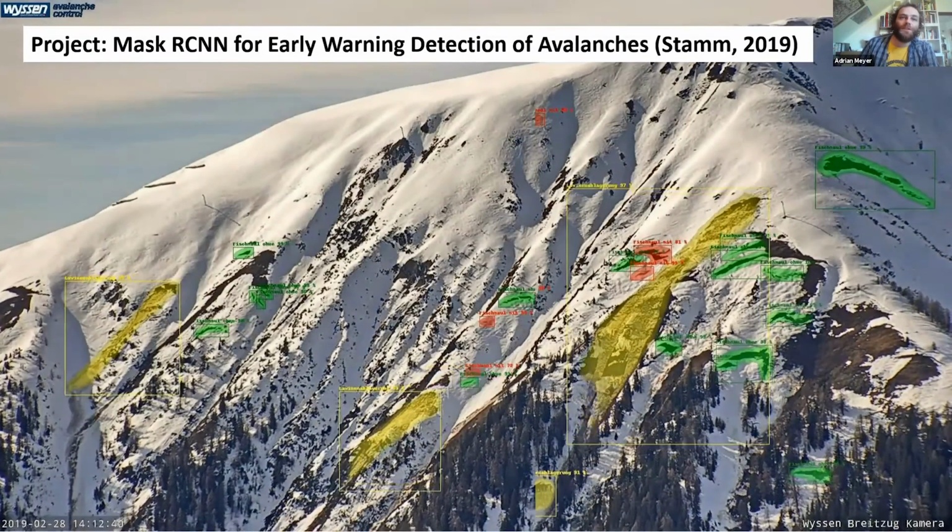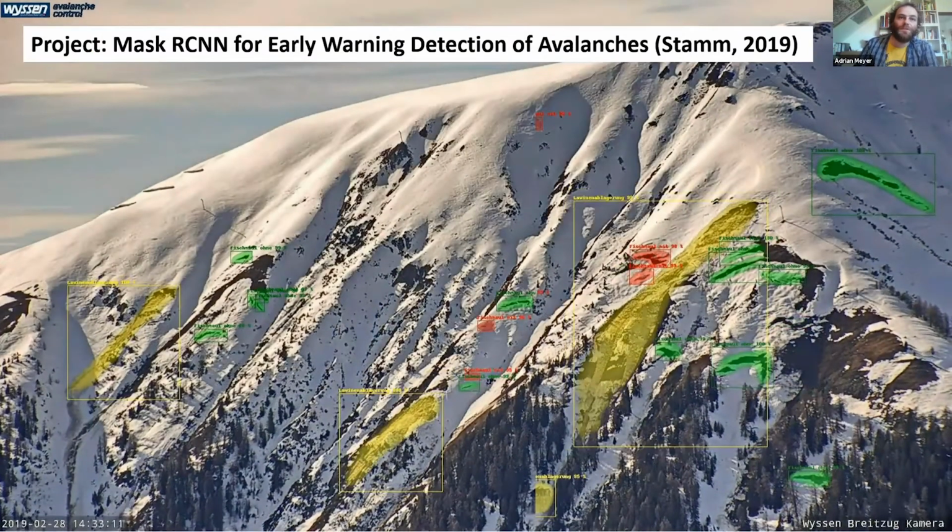This is not aerial imagery, this is webcam imagery, but basically an image is an image. So we thought, okay, this is a great source of code on which we can base our following work.